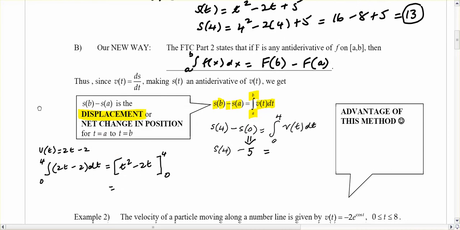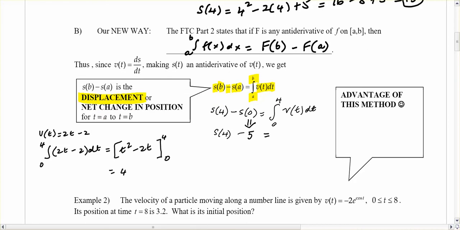Let's substitute in the upper limit first. So it's 4 squared minus 2 times 4. And all that minus, substitute in 0, I get 0 squared minus 2 times 0. All that second part is 0. So it's 16 minus 8, which is 8.